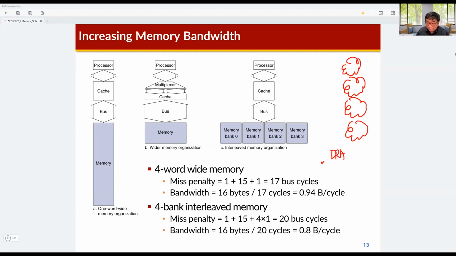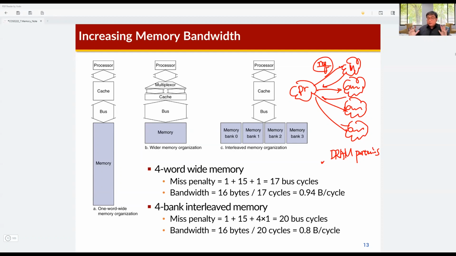DRAM partitions. And then this is the processor. This is the DRAM memory. If there are many partitions of DRAM, then the processor can give a command, a request, to each of the DRAM partitions, and then receive the data from these multiple partitions sequentially.